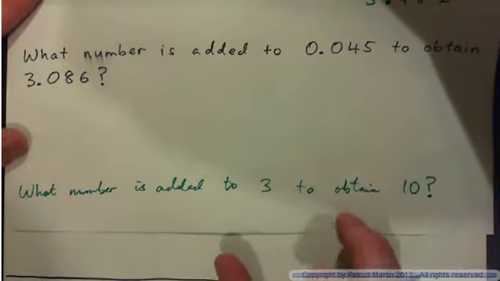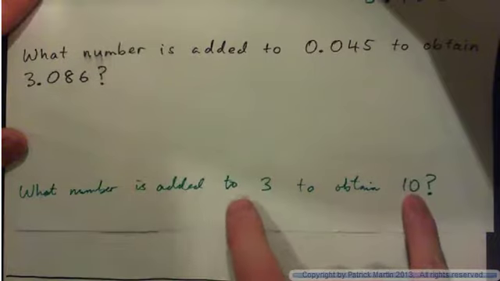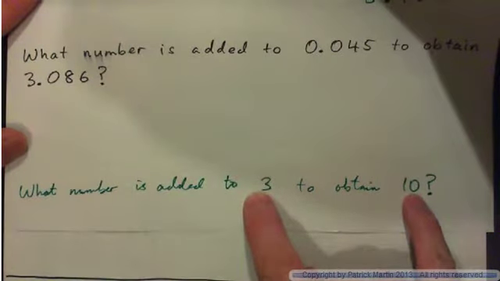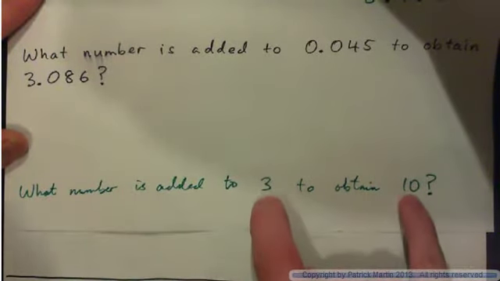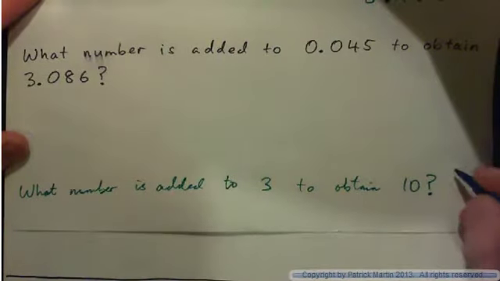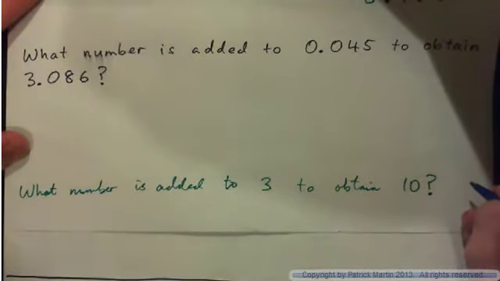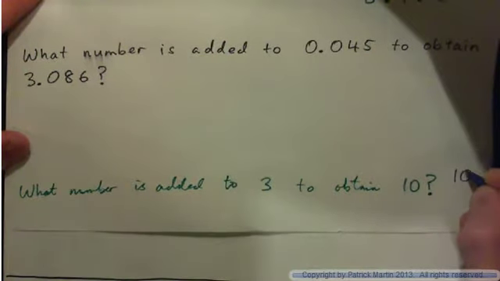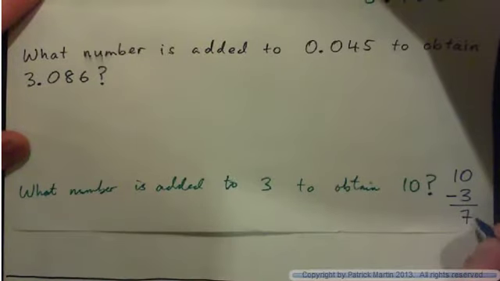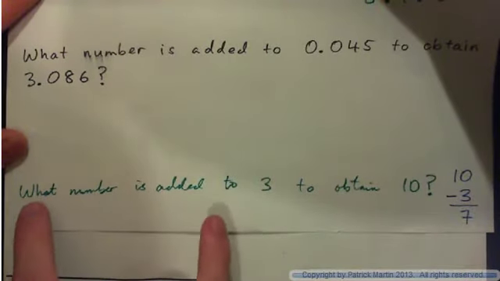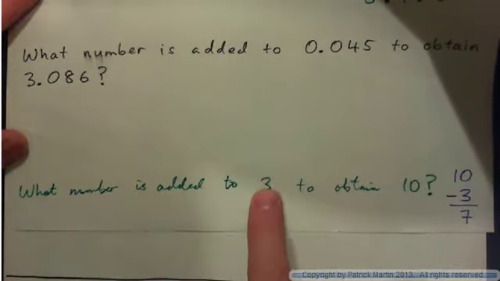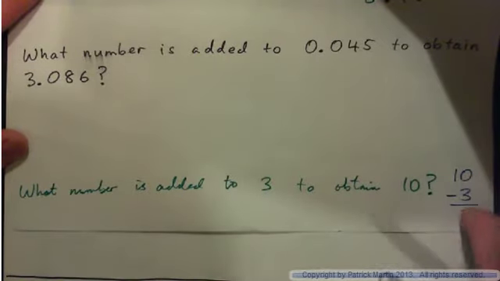How can you calculate 7 if you're given these two numbers? To calculate 7 given these two numbers, you would do this. Wouldn't you subtract? Wouldn't you go 10 subtract 3? The answer is 7, right? So if the question was what number is added to 3 to obtain 10, I just go 10 minus 3.